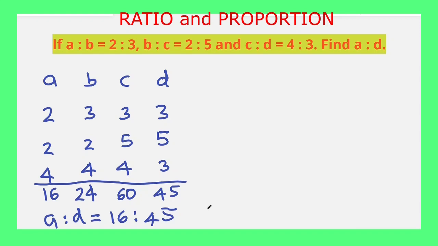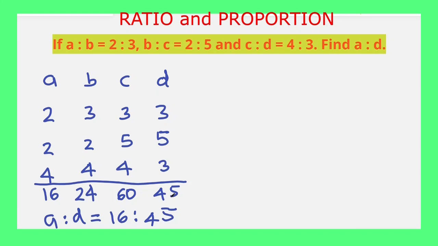We could have found any ratio out of it. If it had been asked A ratio C, then our answer will be 16 ratio 60, and as 4 is common in these two numbers, so A ratio C is 4 ratio 15, and B ratio D, if it had been asked, then it would have been 24 ratio 45.